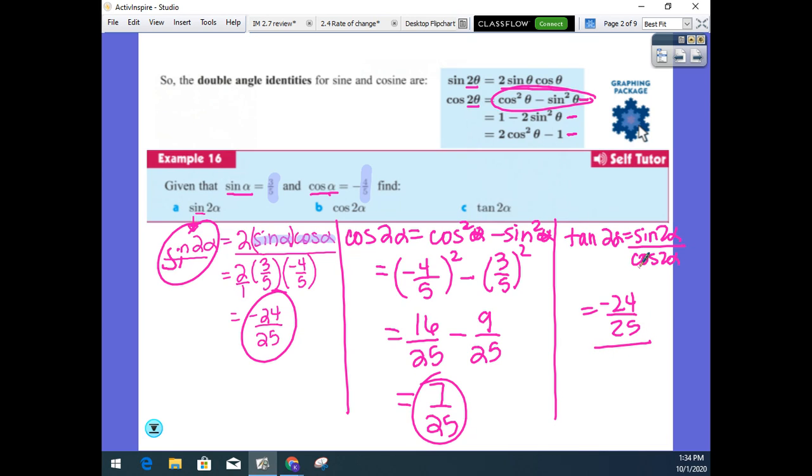We found cosine of 2 alpha in letter B. We have our fraction over our fraction, so we multiply by the reciprocal. The 25 cancels, and we get -24/7. So that's your general way that you can use the double angles.